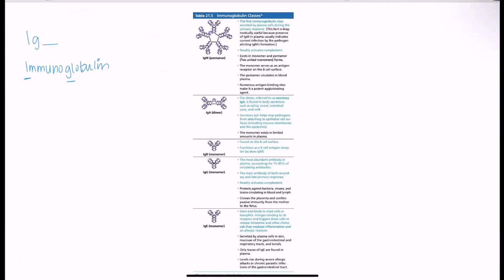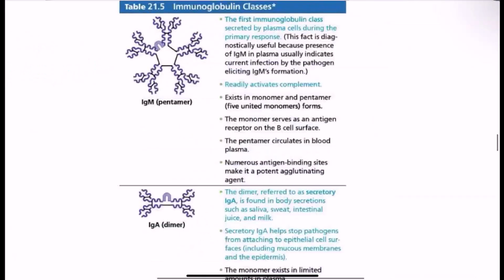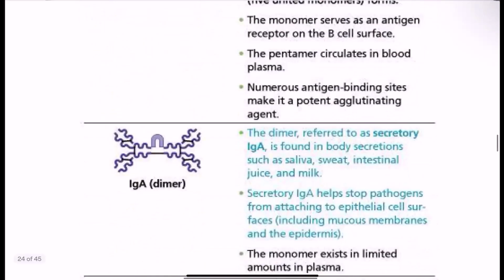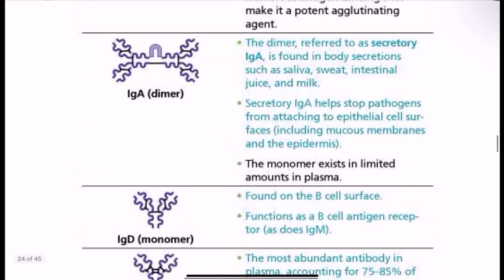So there's a bunch of different types of antibodies. The first are IgMs, which have a big pentagon-like shape. They're really big. They're found in the plasma of the blood, and they're really good at activating the complement proteins. Next, this image from your text is talking about IgAs, which is kind of like two of those Y shapes together.